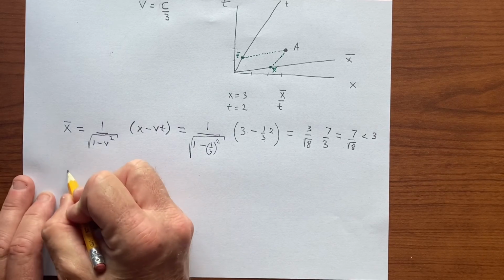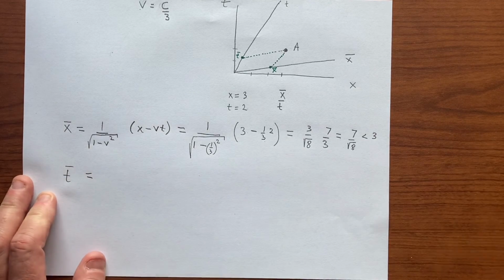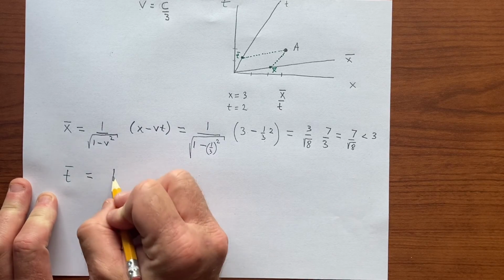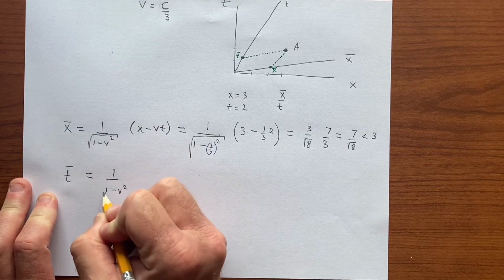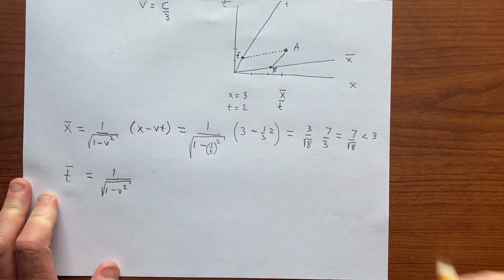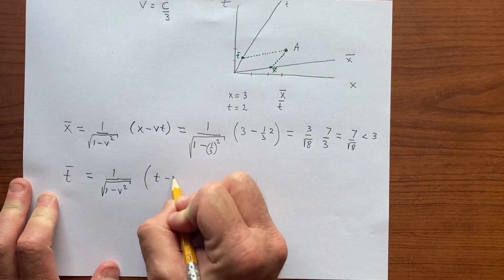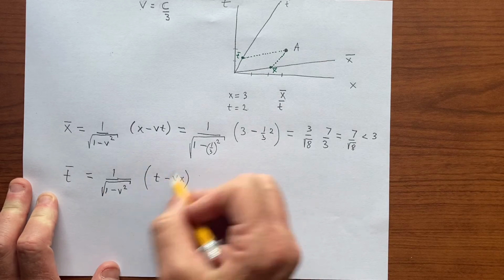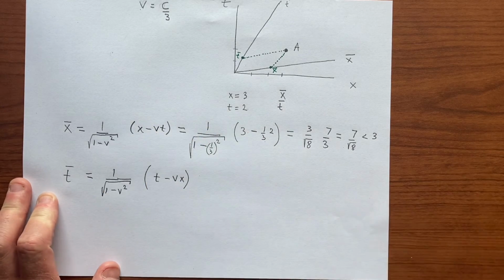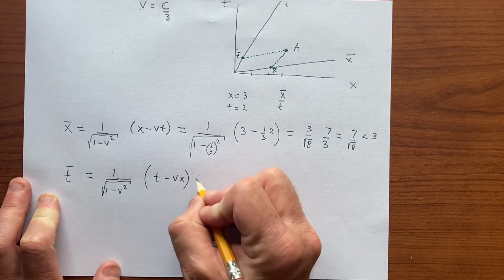Let's get t bar. So t bar is 1 over the square root of 1 minus v squared, times t minus v times x, right? There's some symmetry here. These things look almost identical. We're just sort of flipping space and time.